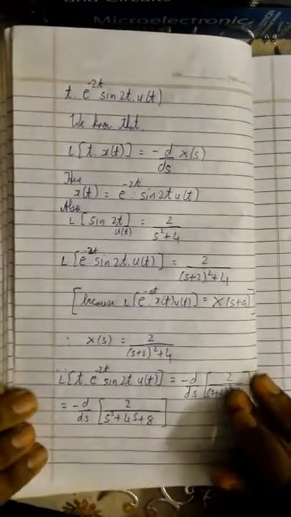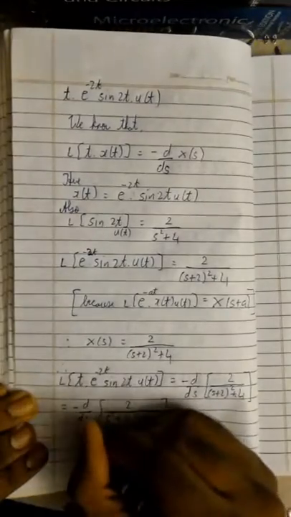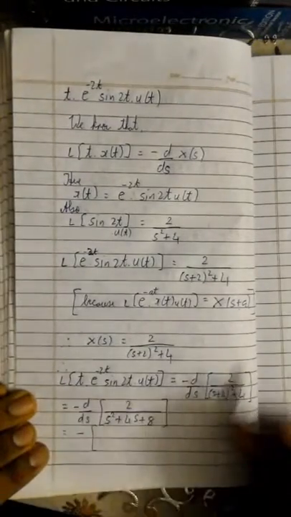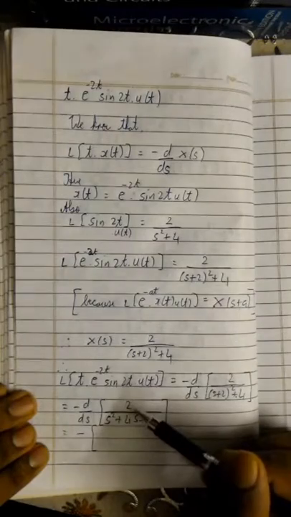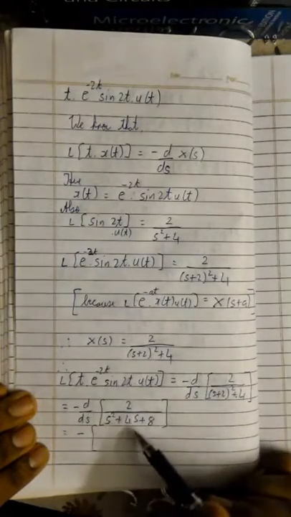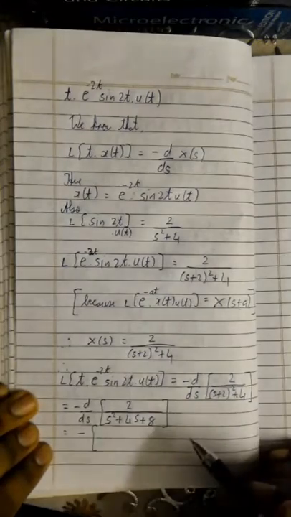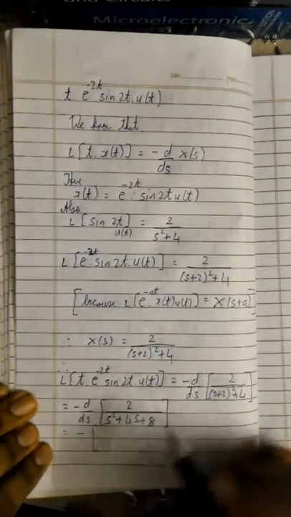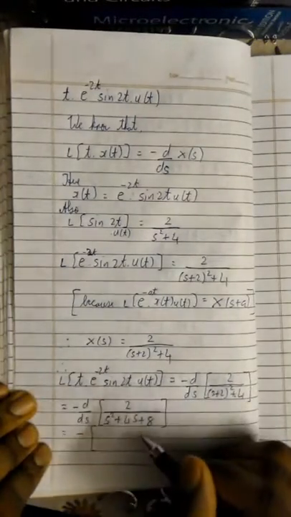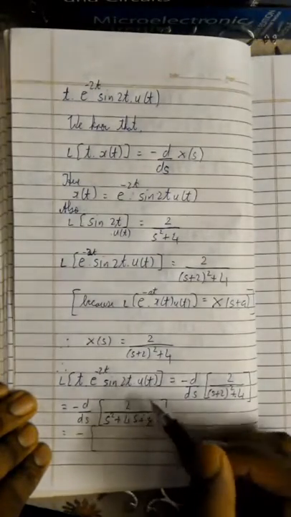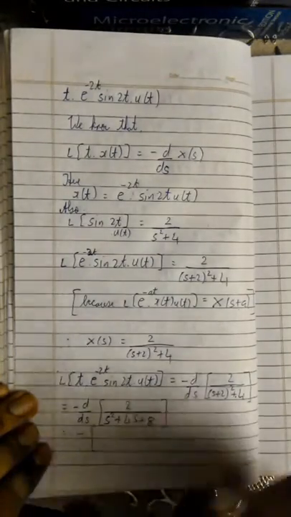The differentiation of this is minus of, where u is 2 and v is s square plus 4s plus 8. The formula is v into du minus u into dv, by v square. v into du means s square plus 4s plus 8 into the differentiation of 2, which is 0 because 2 is a constant.